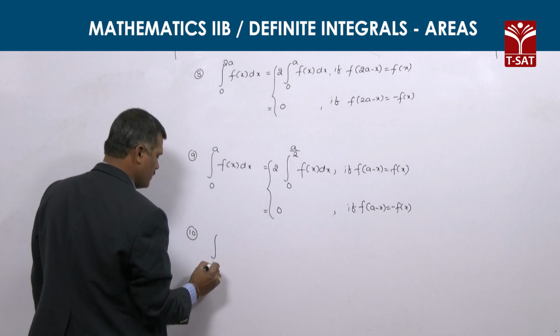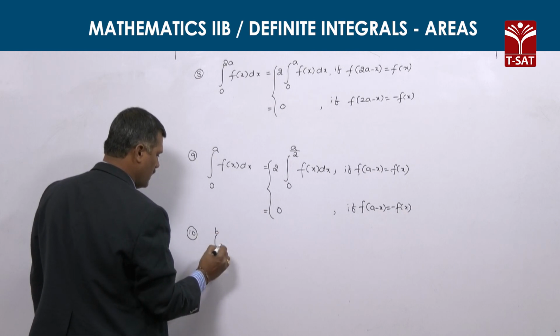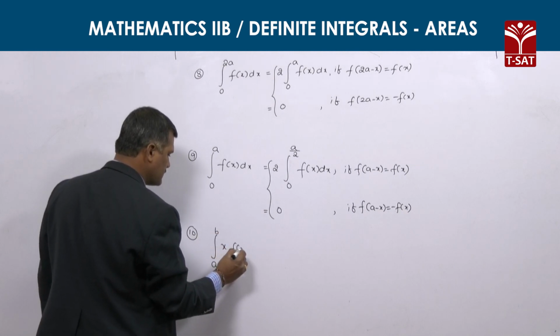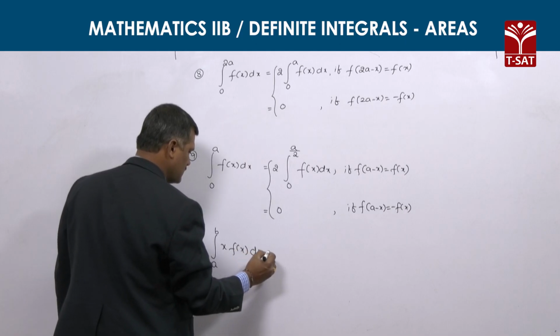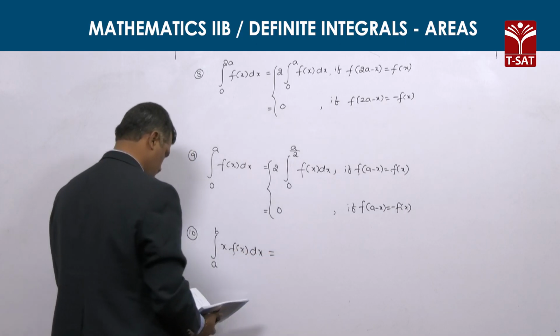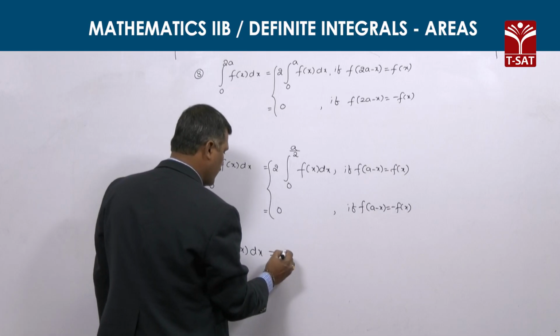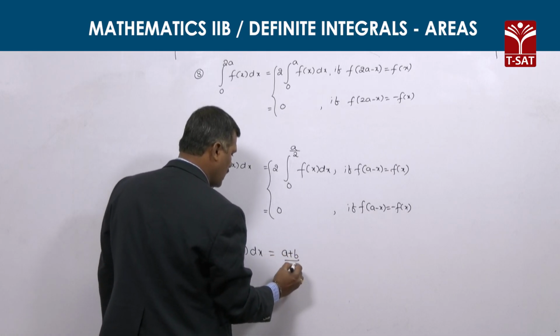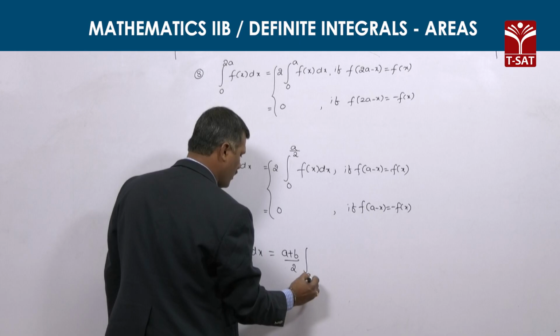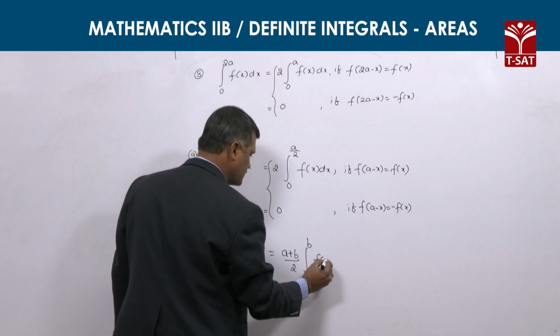Integral of a to b x into f of x dx is equal to a plus b by 2 into integral of a to b f of x dx.